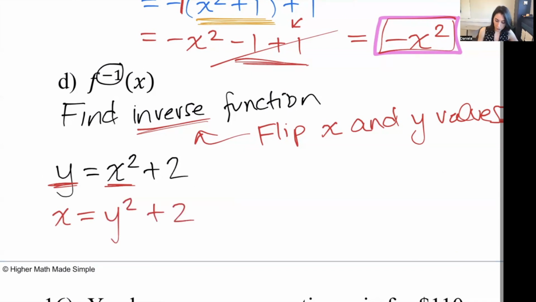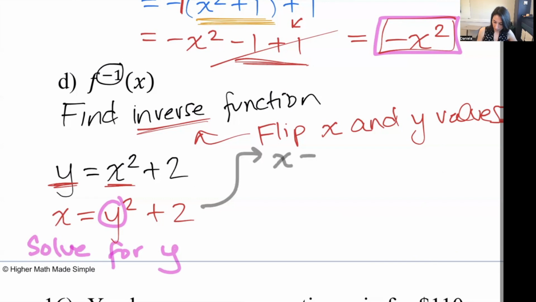So now what's left to do after you make that switch is to solve for y. Remember, we always like to write equations as y equals. So the question is, how do you solve for y? So first of all, let's write this up here. What's stopping the y from being by itself?